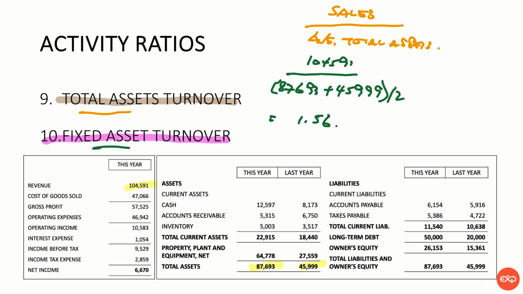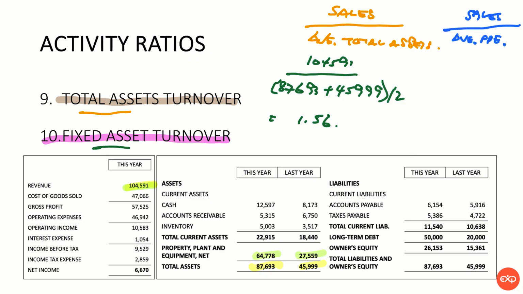So the calculation is the same. It actually uses sales, but instead of average total assets, it's now average PPE or fixed assets. The numbers that you're going to be using are revenue and then PPE amounts.